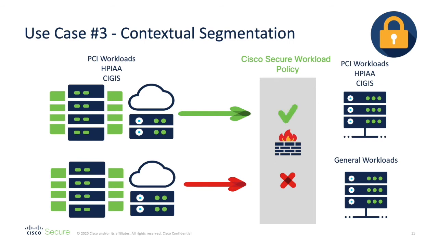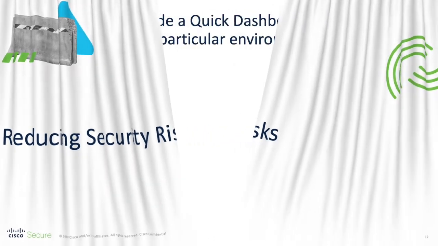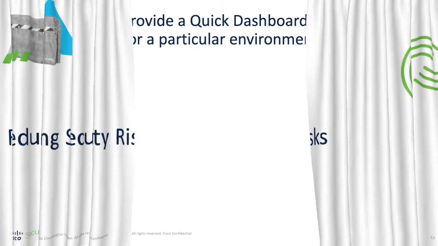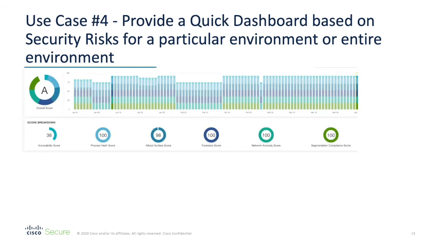Reducing security risk. The goal is to increase visibility of workloads and their security posture to make informed decisions on protections. Use case number 4. Provide a quick dashboard based on security risks for a particular application or entire environment.